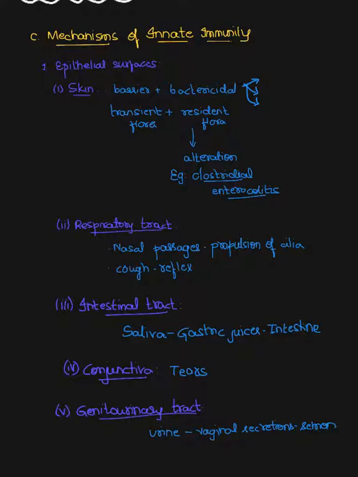These vaginal secretions have an acidic pH due to the fermentation of glycogen by the lactobacillus bacteria present as normal flora in the vagina, and they are responsible for the bactericidal action against transient flora. And in males, the semen is believed to have some antibacterial action.